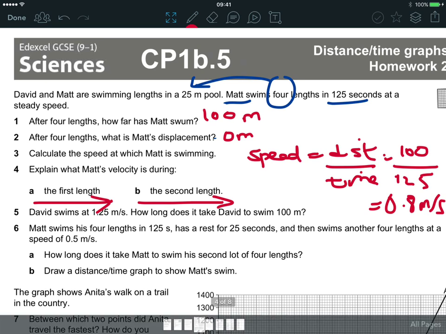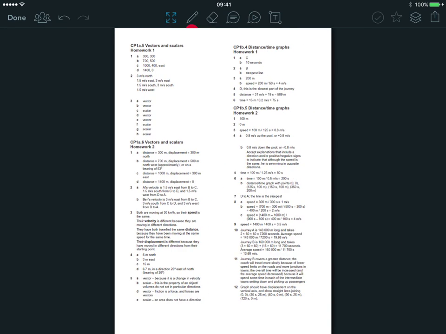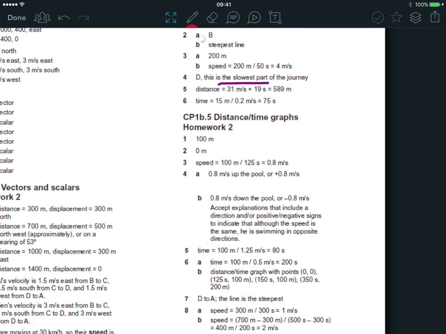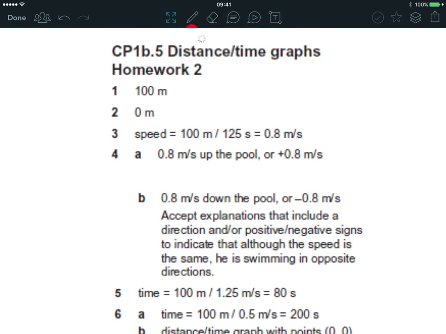What we can do is we can take a look at the mark scheme to see how this exam board, because this is a new exam board for us, isn't it? So we're whizzing backwards and forwards towards the mark scheme quite a lot. Let's have a look at the mark scheme. Now look, they've described it as up the pool. Look at that, up the pool.